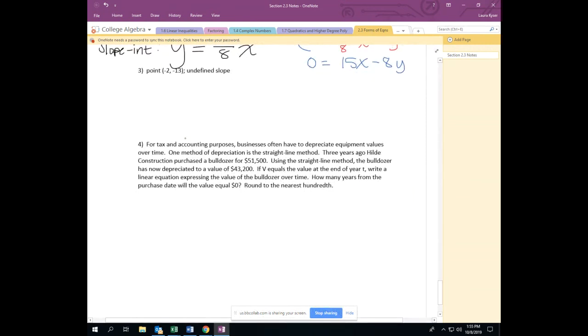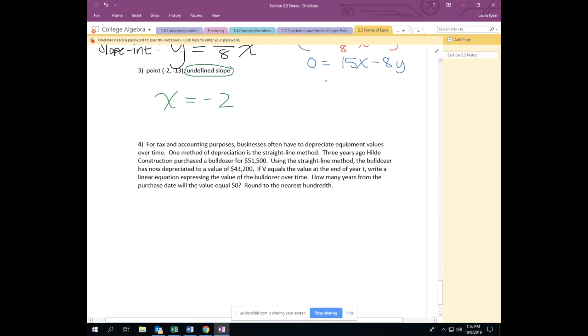Number 3 is a special function because it tells you the slope is undefined. When it gives you one of those special slopes, there is no work involved. If it's undefined slope, it's x equals whatever the x coordinate is, negative 2.